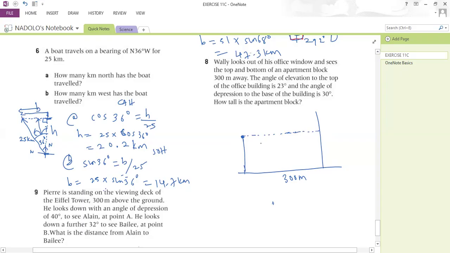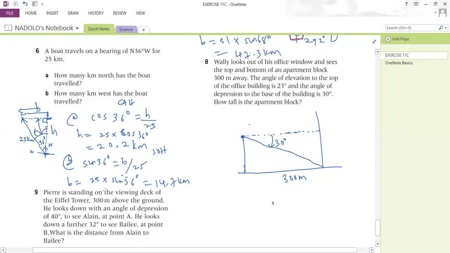Let's start with the angle of depression to the base of the building, which is 30. So we are moving to the base of the building, that point. So this angle is 30 degrees. And then the angle of elevation to the top of the office building is 23 degrees.